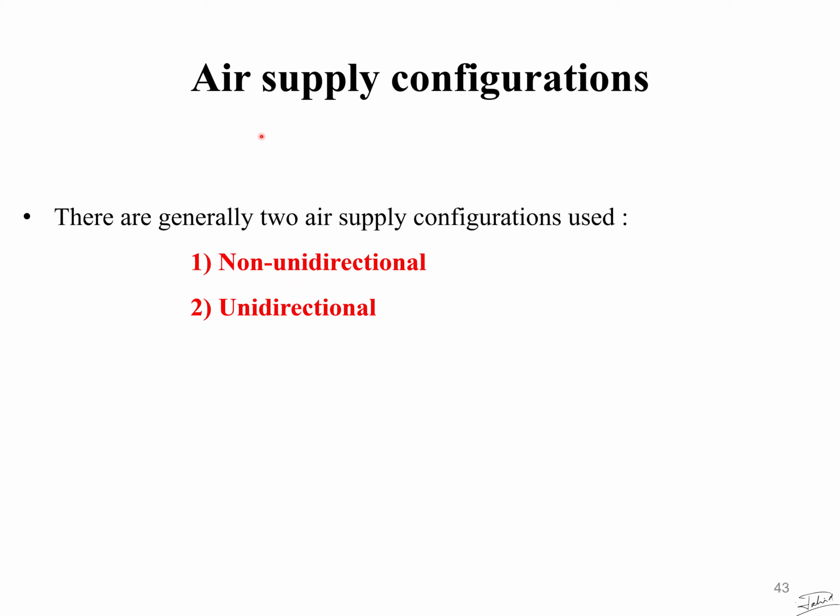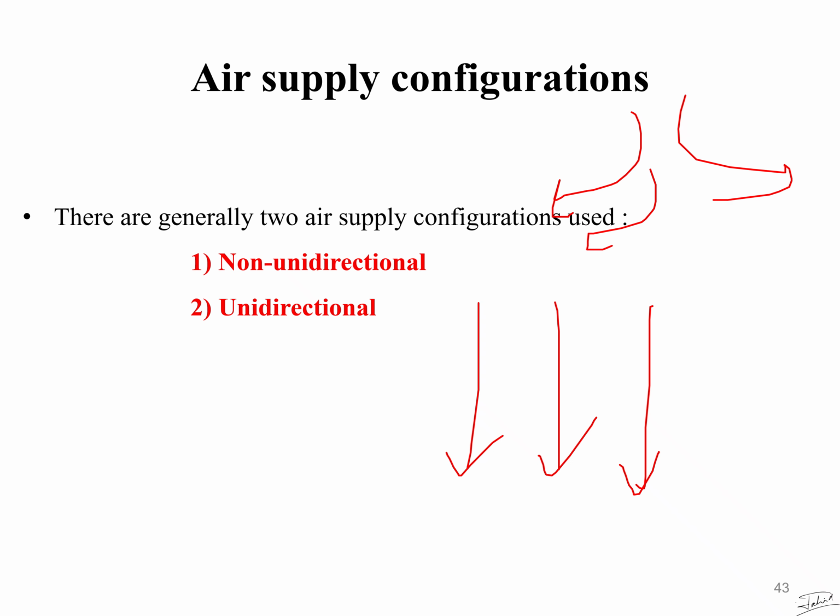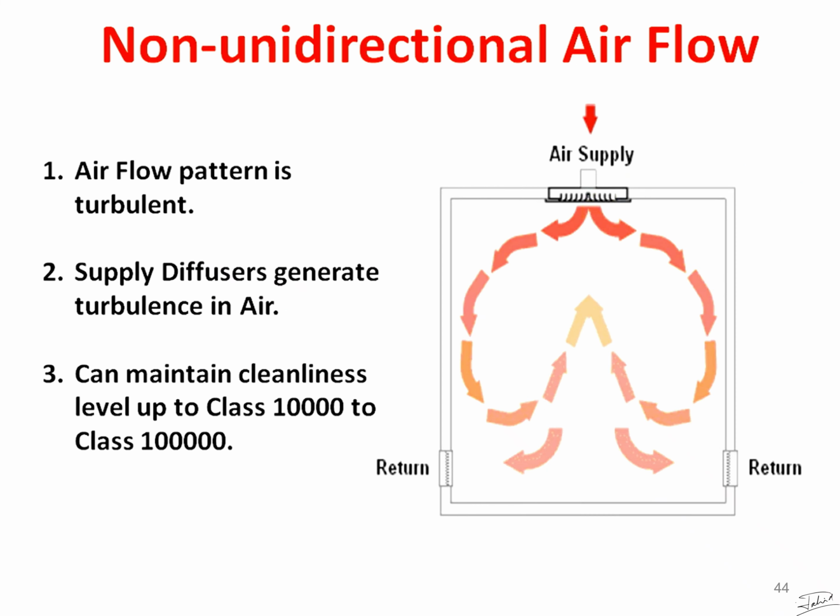So we have already understood that there are two types of airflow. One is unidirectional, that is air is flowing in one direction, and another is non-unidirectional, that is air is traveling haphazardly. Okay, so let's see. First one is non-unidirectional. You can see that airflow is not uniform.